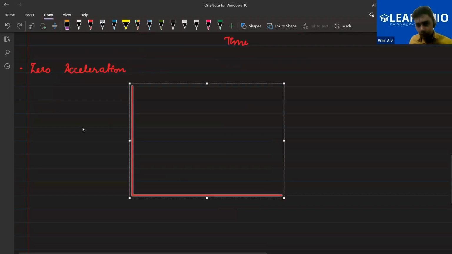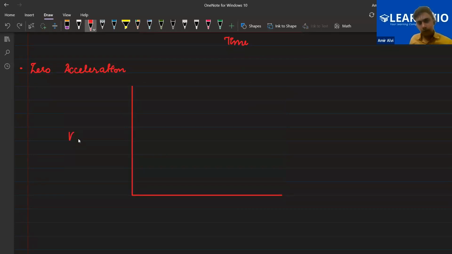No. So zero acceleration means no change in velocity. So can anybody predict the type of graph? It will be a straight line.